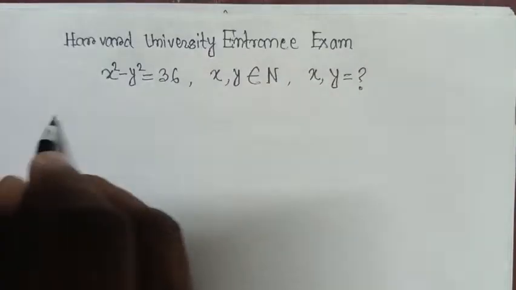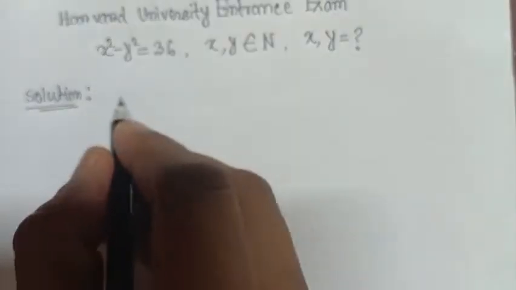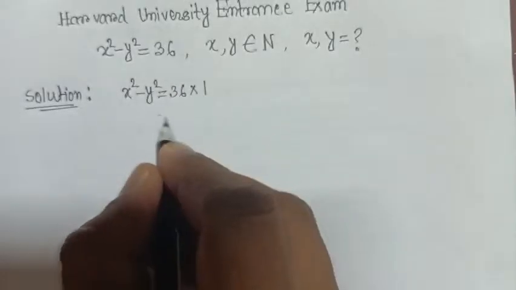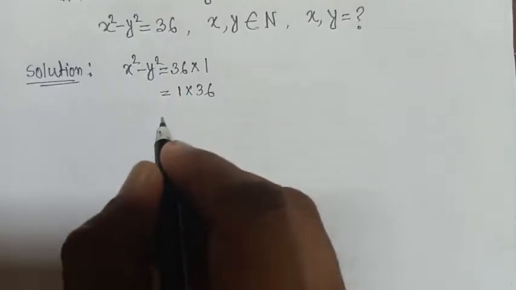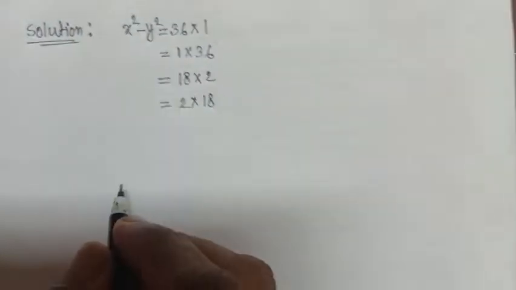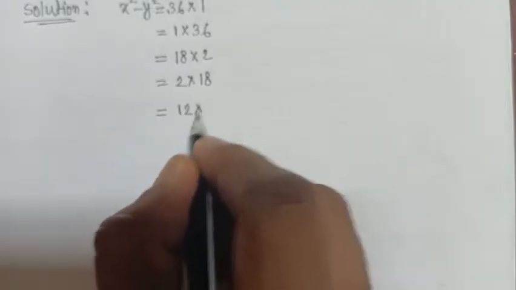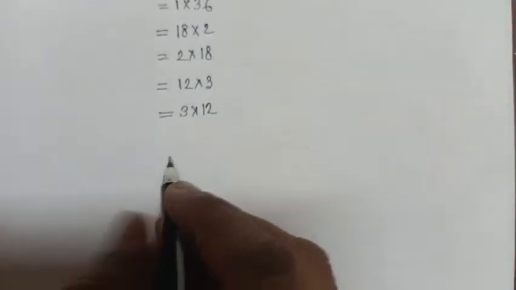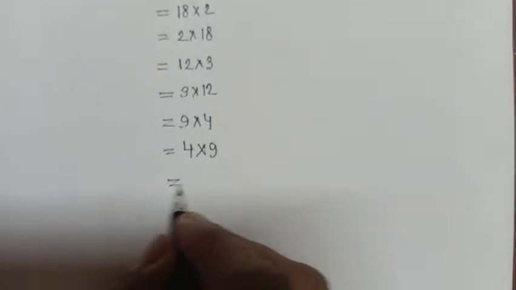The solution. So for this we can break that 36 into several parts, like 36 into 1, or maybe 1 into 36, or 36 is equal to 18 into 2, or 2 into 18, or maybe 36 can be expressed as 12 cross 3, or 3 cross 12, or we can express as 9 cross 4, or 4 cross 9, or 6 cross 6.